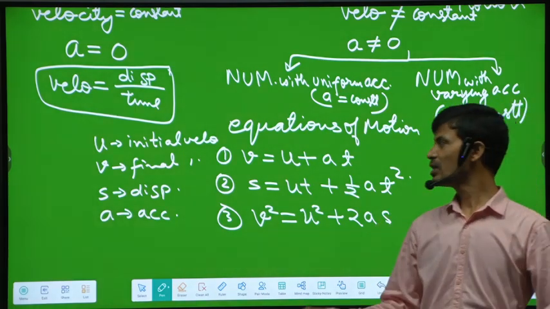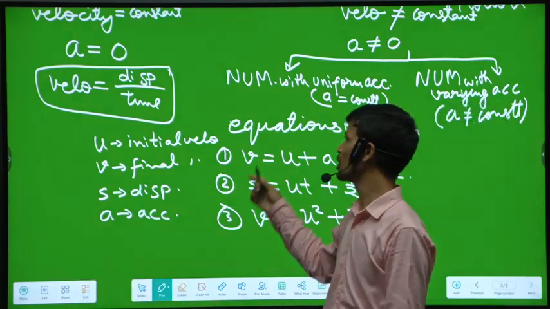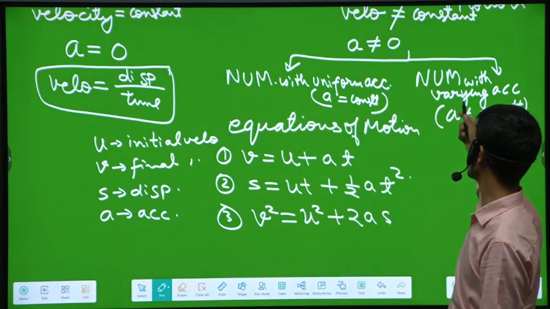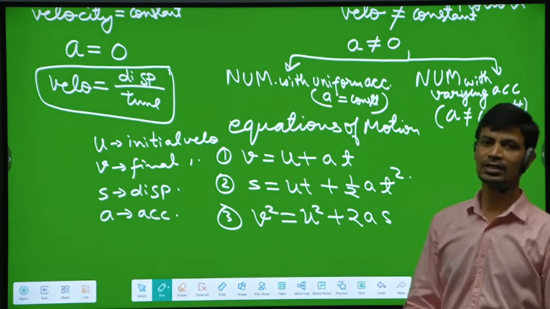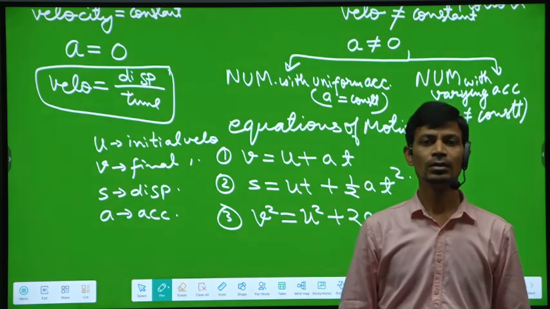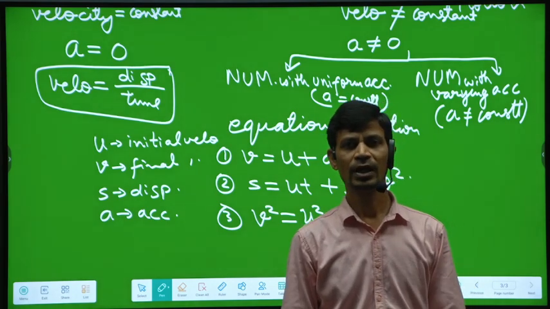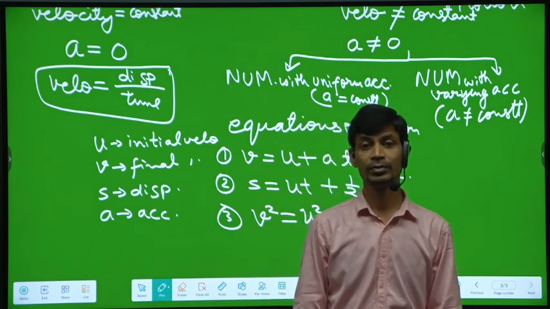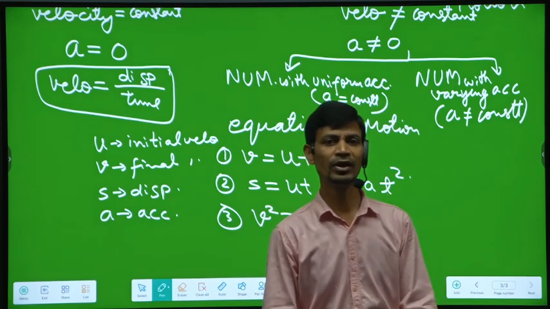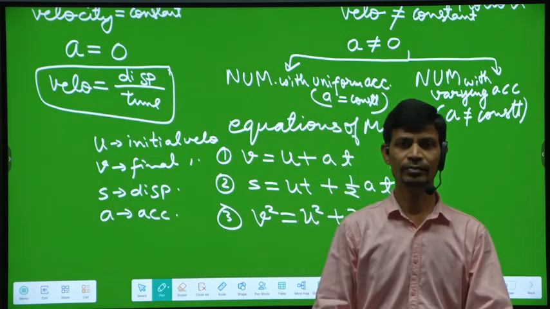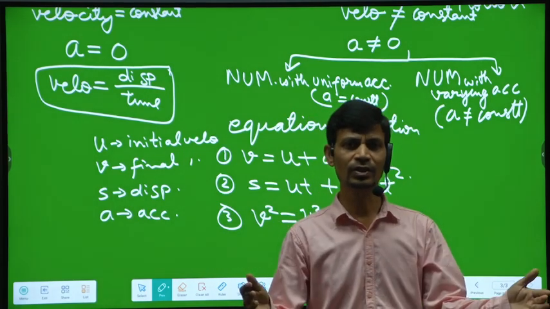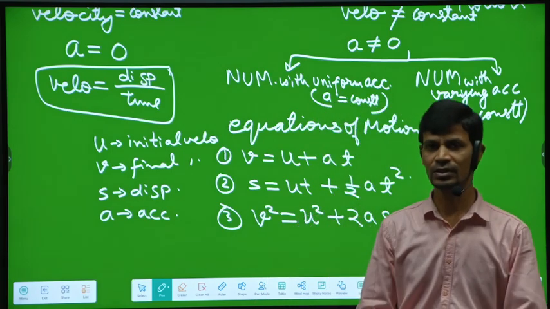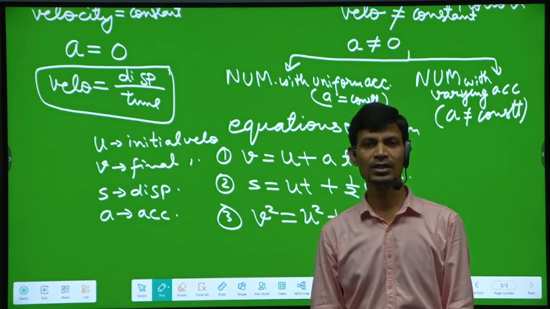So what are the examples of uniform motion and non-uniform motion, in fact, non-uniform motion with constant acceleration, non-uniform motion with varying acceleration? So first thing, uniform motion, like light in vacuum. Speed of light is constant in vacuum. In a medium it changes, but within that medium still it is constant. So that is one of the cases.